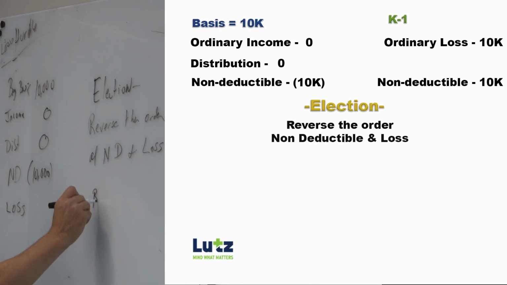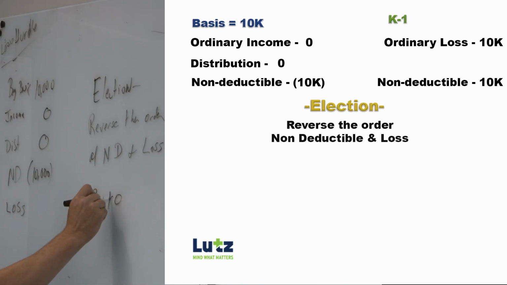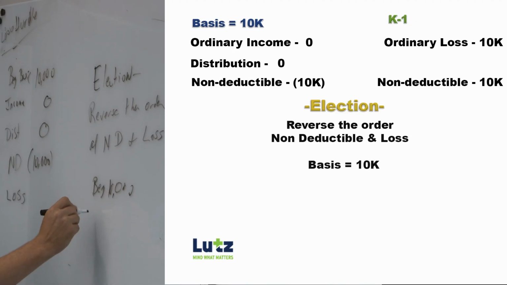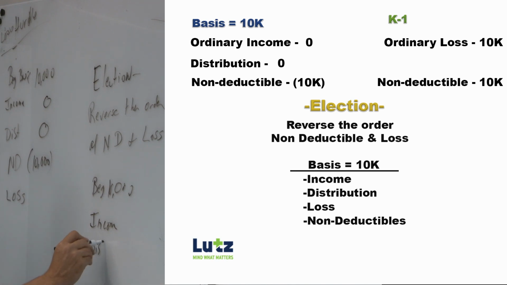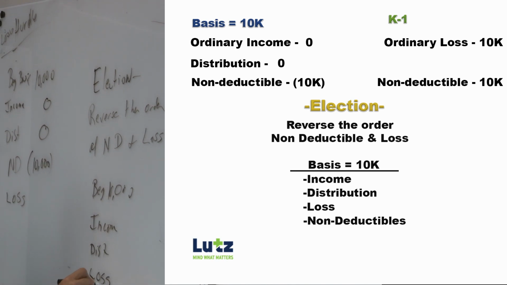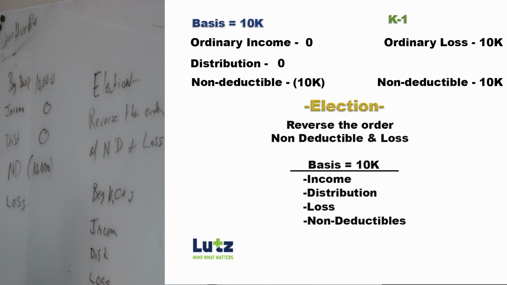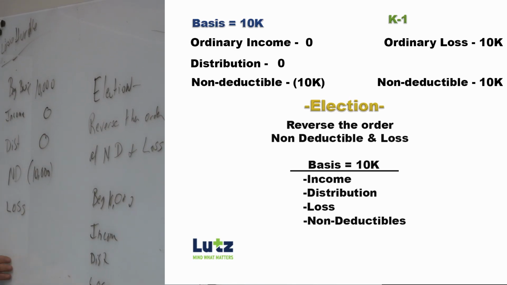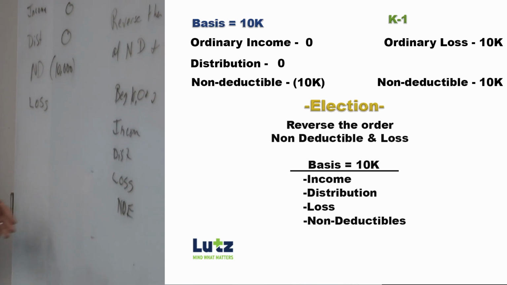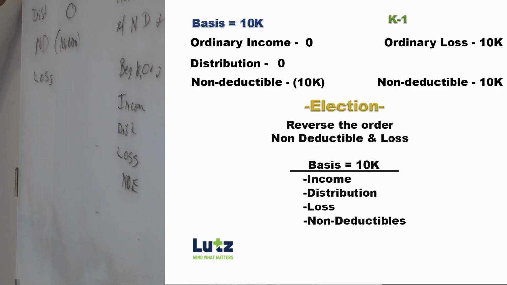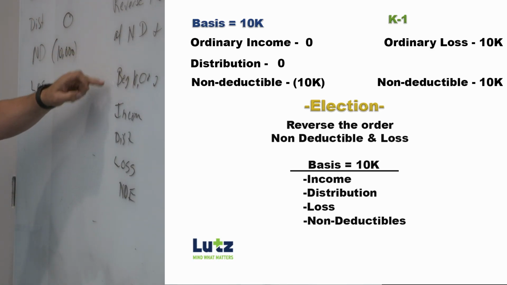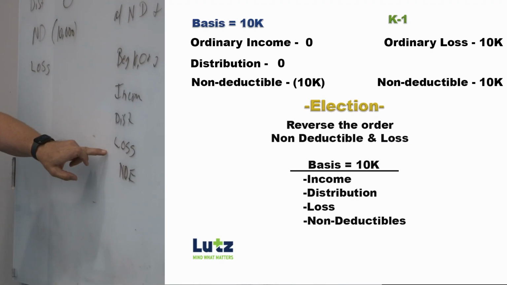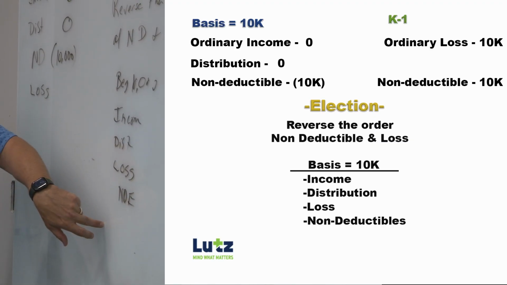I've got beginning basis of 10,000, and it says income first, distribution next, loss next, and non-deductibles last. It reverses it. That's what the election does. Normally it's beginning, income, distribution, non-deductible, loss. The election says, no, I'm going to elect to reverse those two, with non-deductible being last.